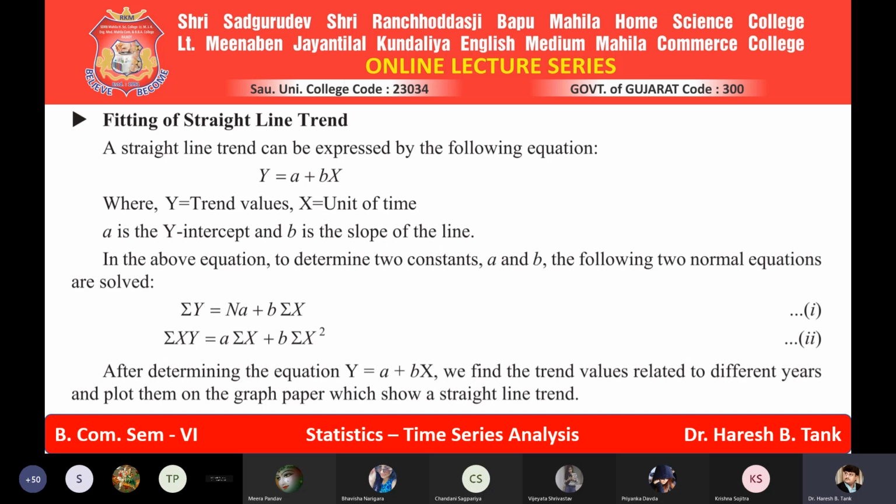Constant values you can take outside of your summation. So further simplifying, summation of a can be taken out. Means it would be a times summation of 1 plus b times summation of x. Is it so?